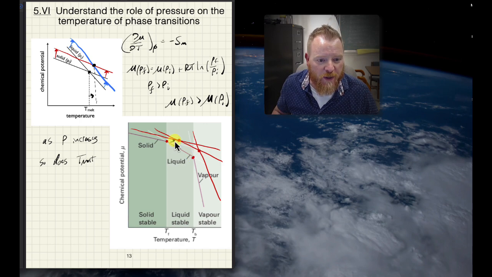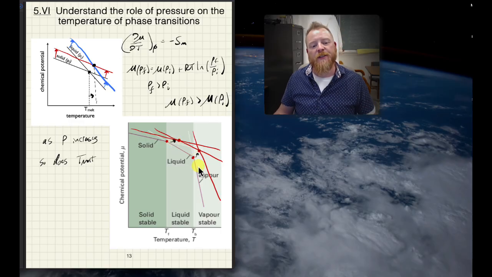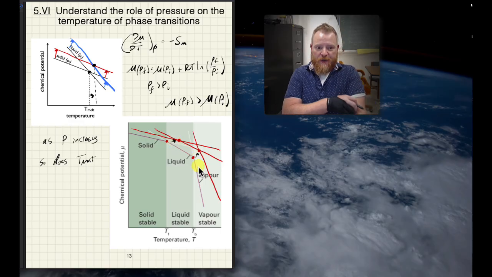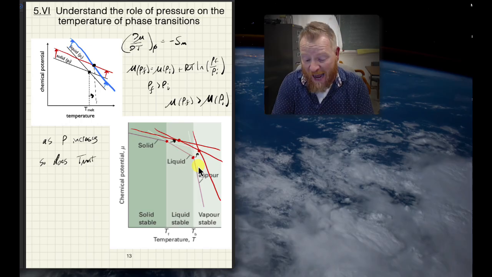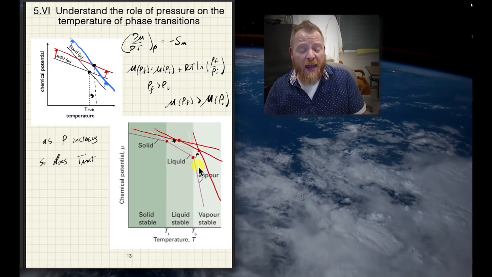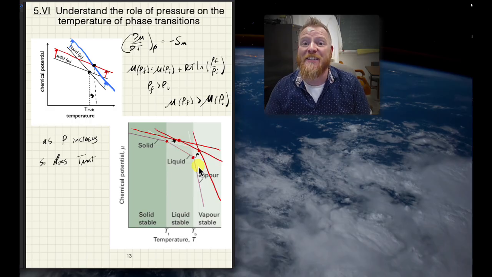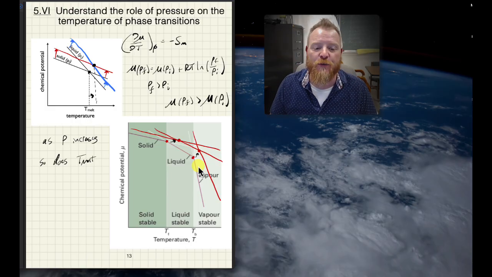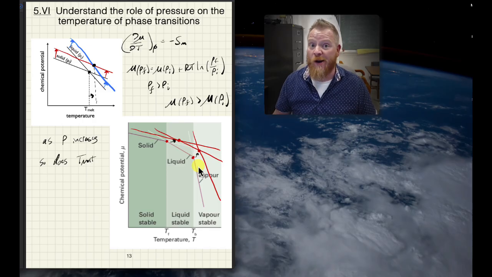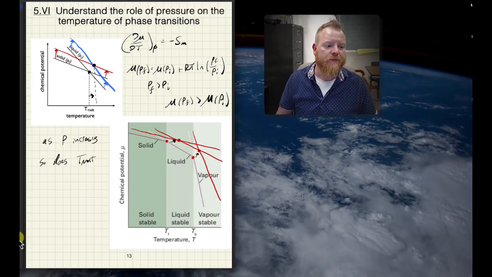So the boiling point has also increased with increasing pressure. In a lot of ways, that makes good sense, because when we're increasing the pressure over a material, we're compacting it, and it's making it more difficult to rearrange itself into a new phase. Therefore, it requires more heat, a higher energy, so it needs to happen at a higher temperature.